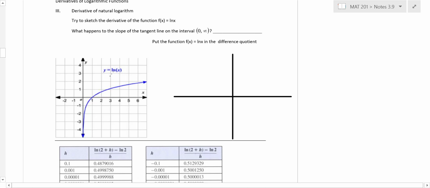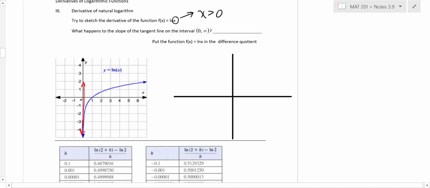Now this is the graph of the natural logarithm function. One thing you want to remember is that if you have a logarithm, that number has to be greater than 0. You can only take the log of a positive number. So let's look at the slopes of the tangent line. Let's start right here. What kind of a slope do you have there?